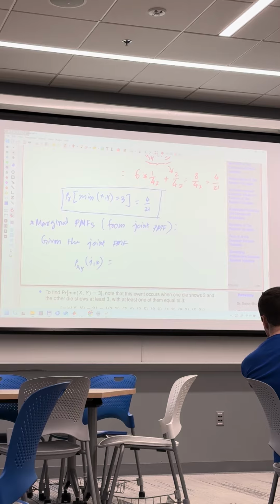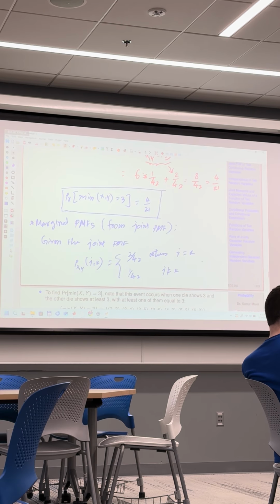j, k equals 2 over 42 when j equals k, and it is 1 over 42 when j not equals k.